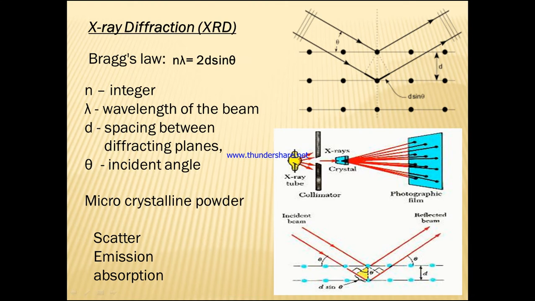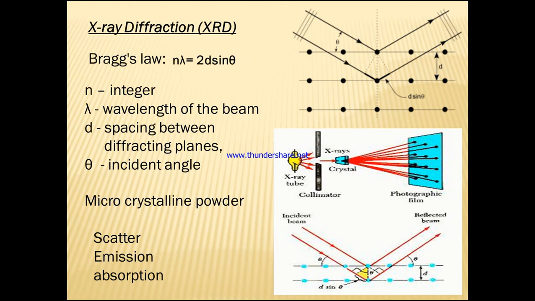By these three processes we see the analysis of the material. Microcrystalline powder and crystalline materials can be analyzed using X-ray diffraction. When high-velocity electrons strike the metal target, X-rays are produced.